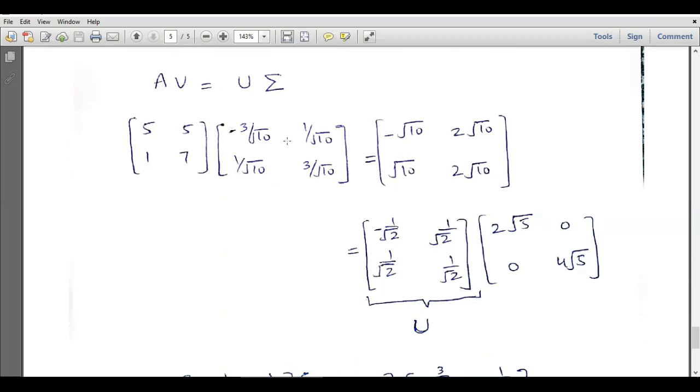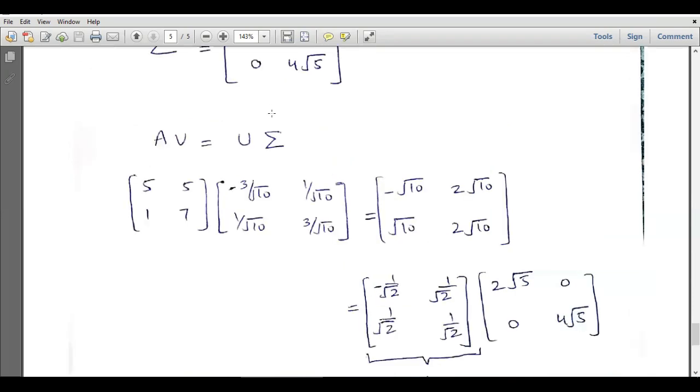And we have to divide this matrix by the sigma matrix, or we can say that the U matrix is equal to AV sigma inverse, right? So this is AV matrix, and if I multiply this with this sigma inverse matrix from the right hand side, we will get our U matrix. So this is one way of evaluating this U matrix.